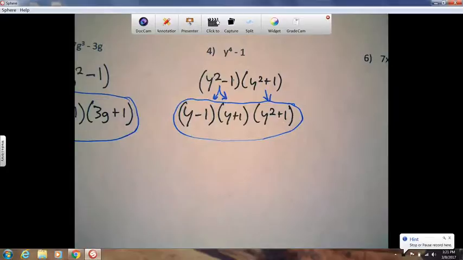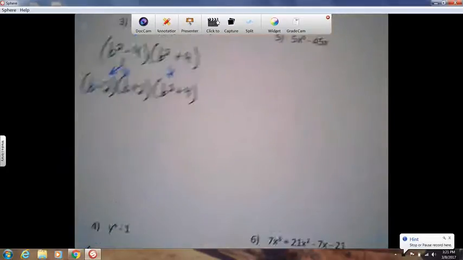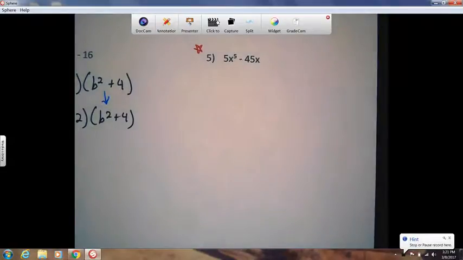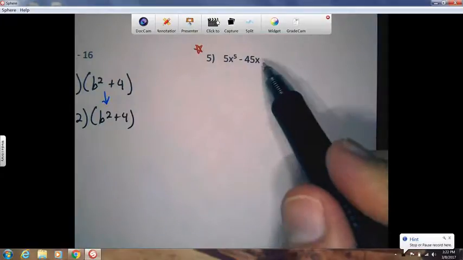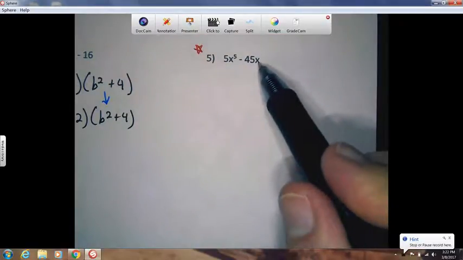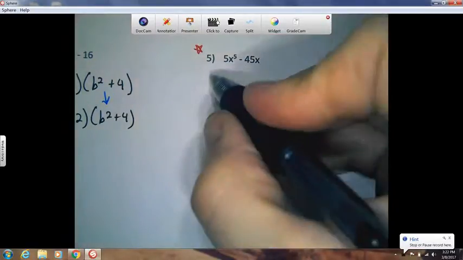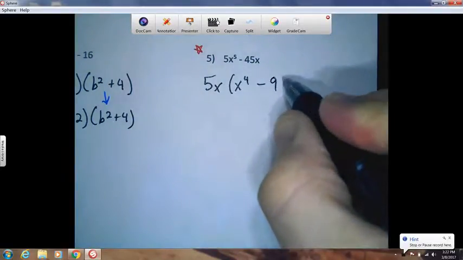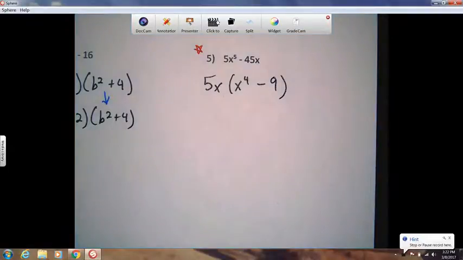Number 5. Again, I wrote this star here to show you that there's a greatest common factor. 5 divides into both of these, and also x. Both of them have an x. So I have to factor out the 5x. What's left is x to the 4th minus 9, because I took a 5 out of there, and I took an x.